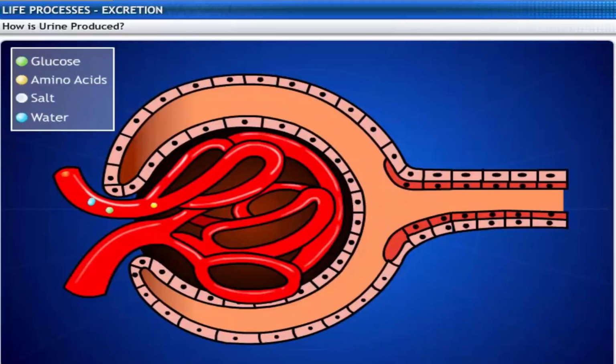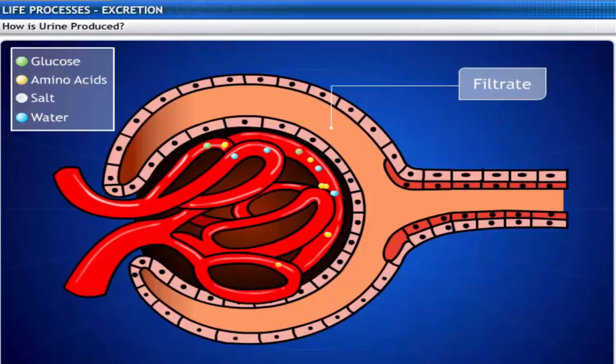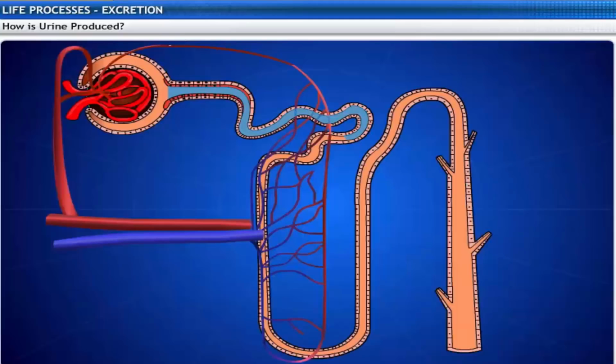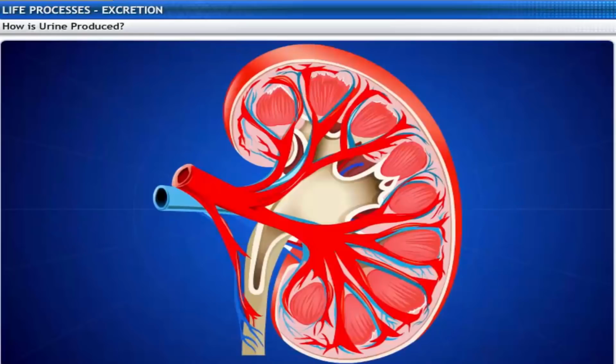Further substances not required by the body may be secreted into the filtrate by cells of the nephron before it leaves the kidney. Next, the urine is poured into the collecting duct.